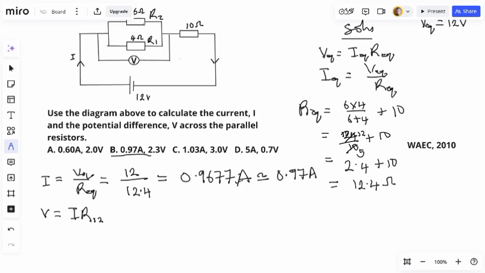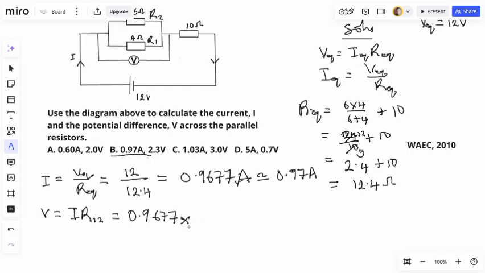R12 represents the equivalent resistance of these two that are in parallel. Our current is 0.9677. The reason I go back to this other one, not the approximated one, is to minimize error due to approximation.